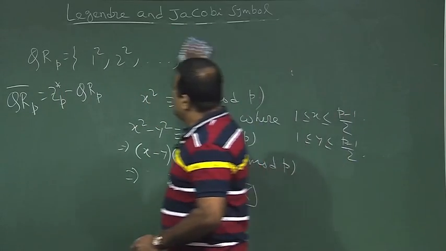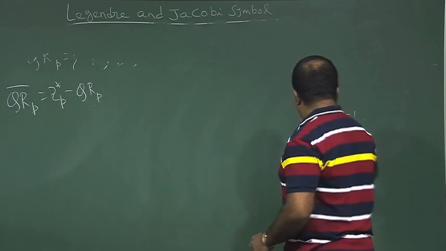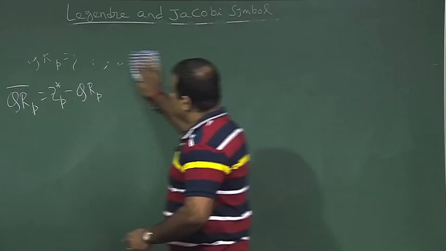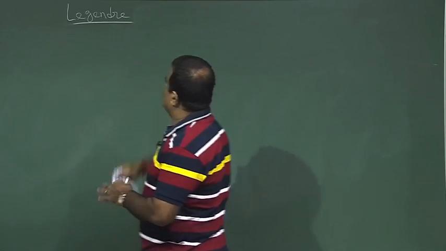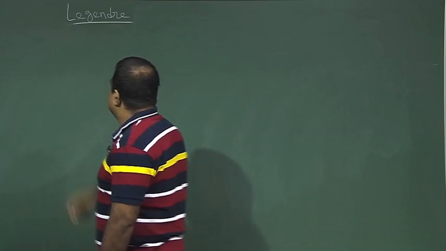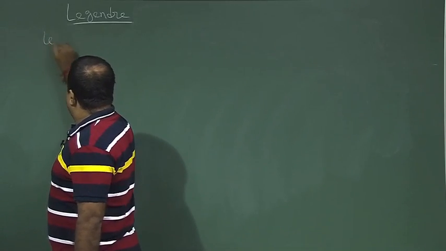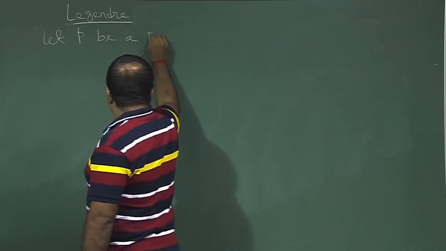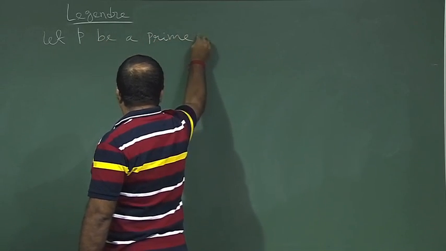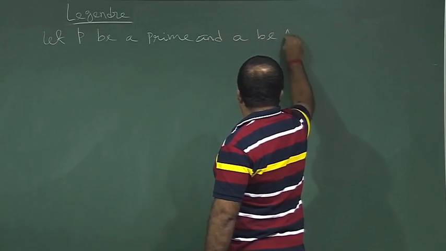Now, we will define what is called the Legendre symbol. Legendre symbol is basically defined as this. Let p be a prime. For Legendre we need p to be a prime number, and a be any integer.